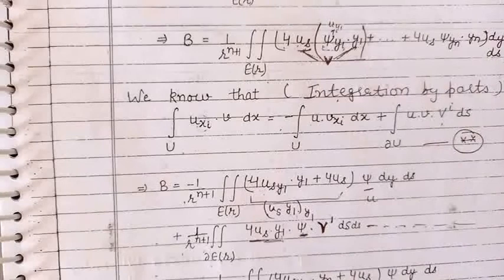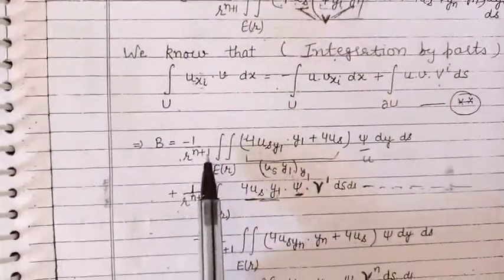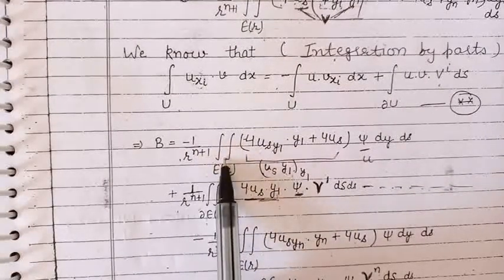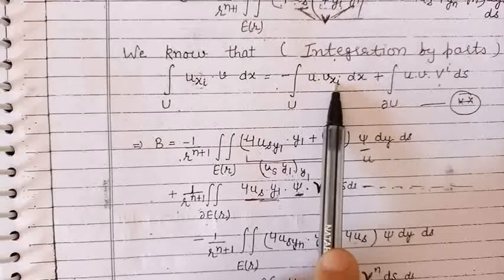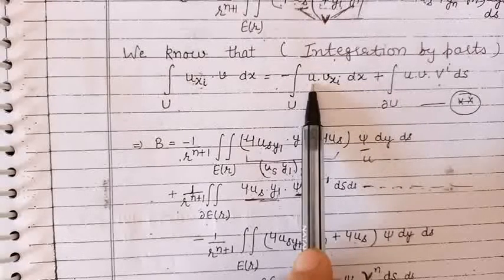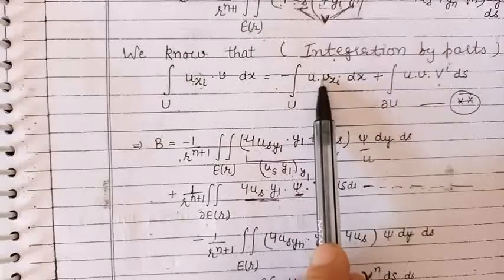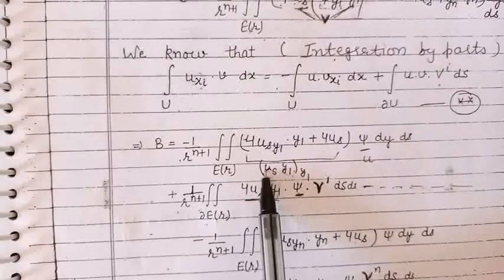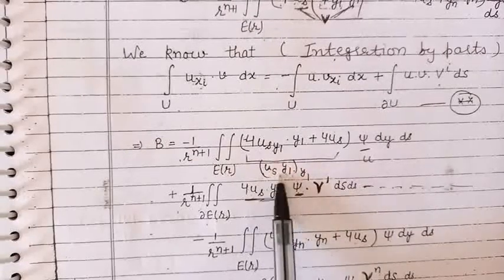So using the integration by parts formula for the first integral, this will become minus 1 upon r to the power n plus 1 into the double integral of, in the first term, u as it is, ∂v/∂xi. Here in place of u we have the function psi, and the partial derivative of v with respect to xi, where the function v here is ∂u/∂s into y1. Its partial derivative with respect to y1.